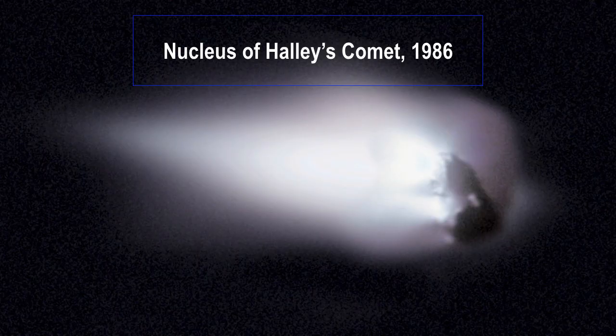Now, a preview of Thursday's lecture. To motivate you to finish reading chapter 13, this is a photograph of the nucleus of Halley's Comet. Now, look at that thing. It's not round. It looks like a round, lovely, glowing dot when we view it from Earth, but this is from a spacecraft up close.